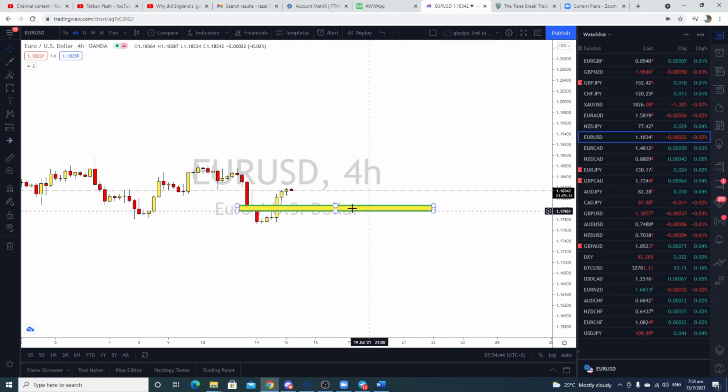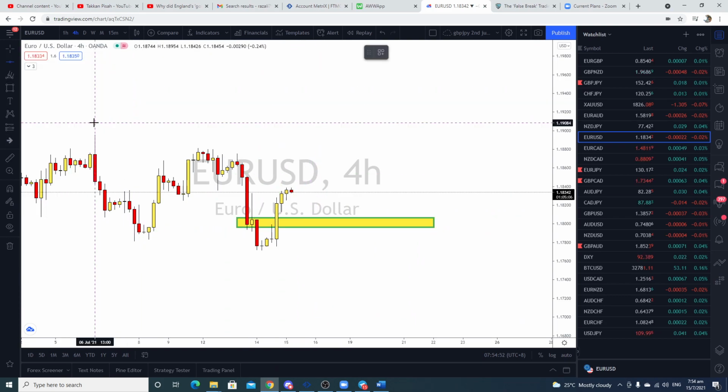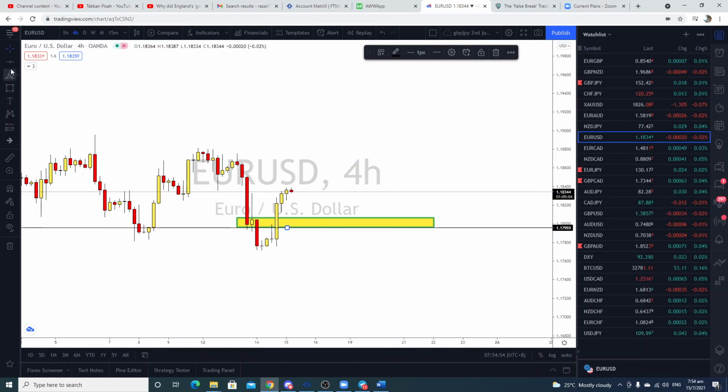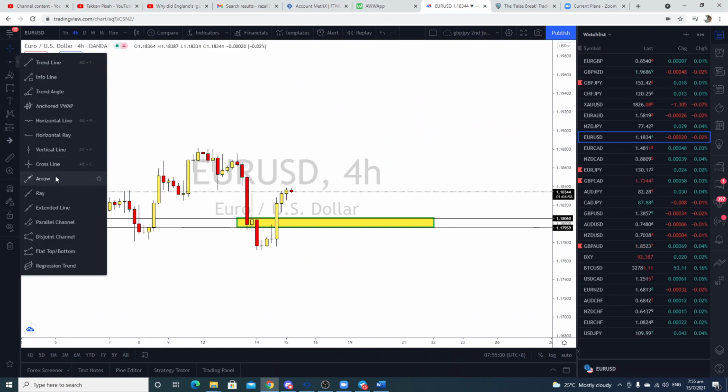Okay, this could be a flip zone, which means a broken supply turning into new demand. So this will be a good flip zone for me today, so I'll be looking for this.